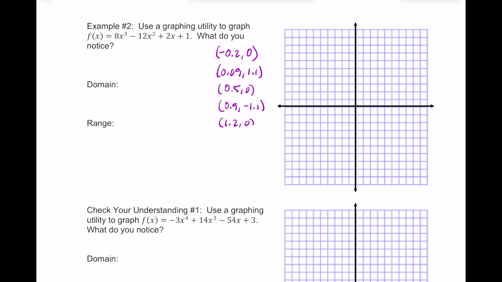Okay, so negative 0.20 is going to be right about here maybe, and then 0.09 and 1.1. Let's see, so 0.09 and then 1.1, it's going to go maybe right about there.